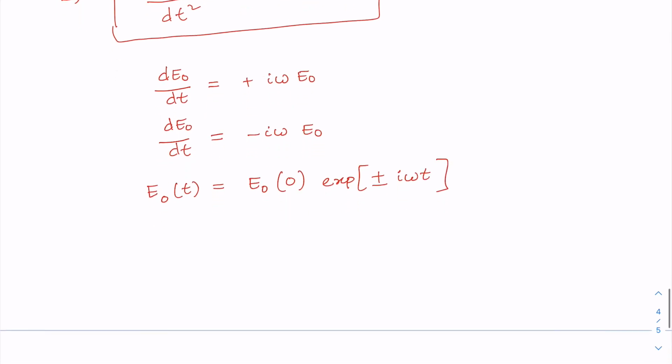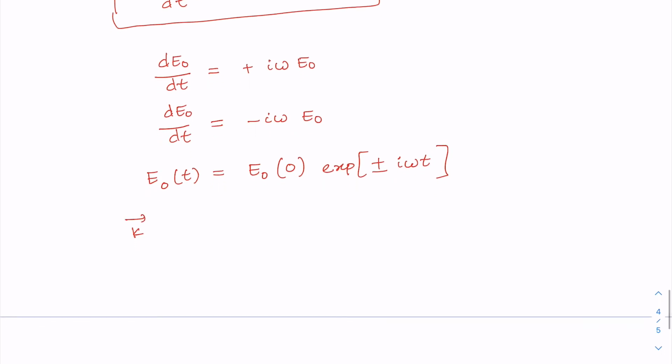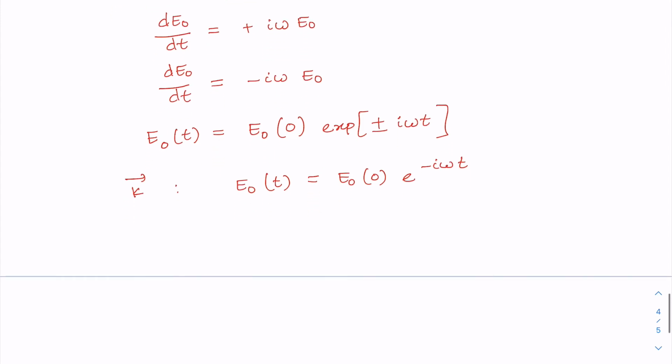One solution is associated with a wave traveling along k, that is E0 of t is equal to E0 0 e to the power minus I omega t, associated with a wave propagating along the plus k direction, and another solution is associated with the wave going in the opposite direction. That would be E0 0 e to the power plus I omega t.